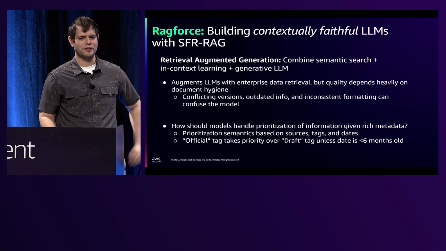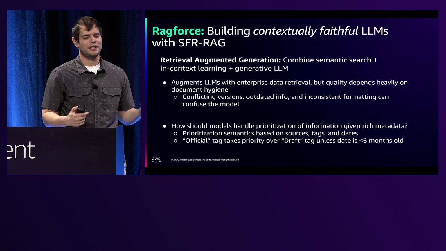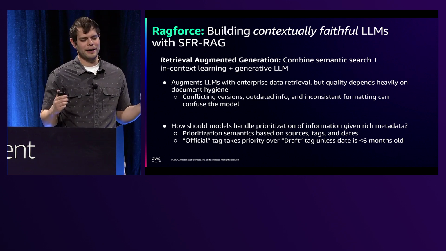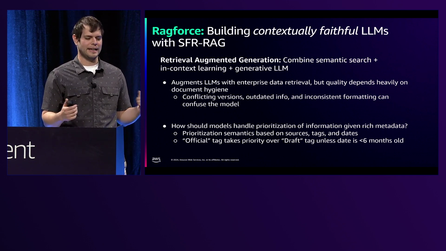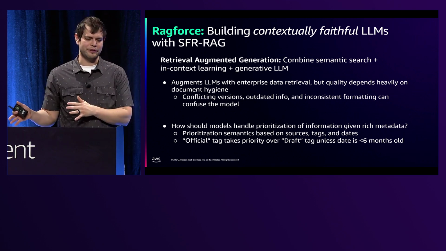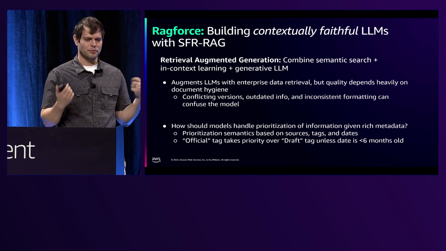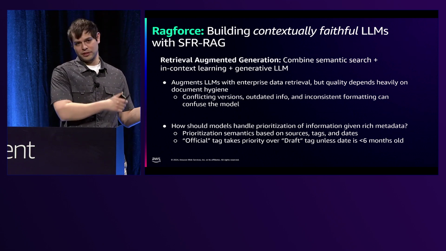So I'll shift gears a little bit now and tell you about RAGforce. You may have heard about retrieval augmented generation. I'll briefly cover it in case you haven't. But you can essentially think of it as combining search and retrieval with generative language modeling. More concretely, when the user asks a question, you run some kind of search.